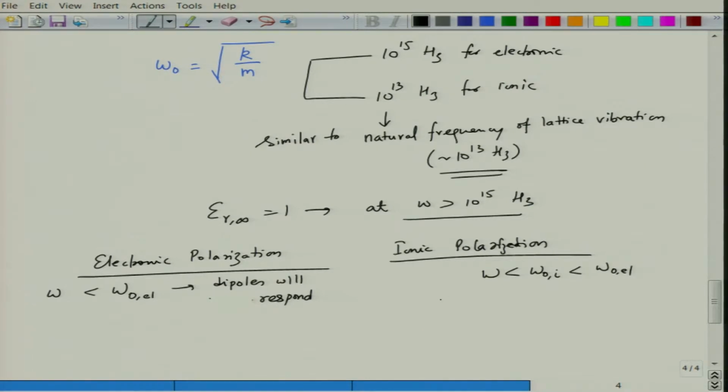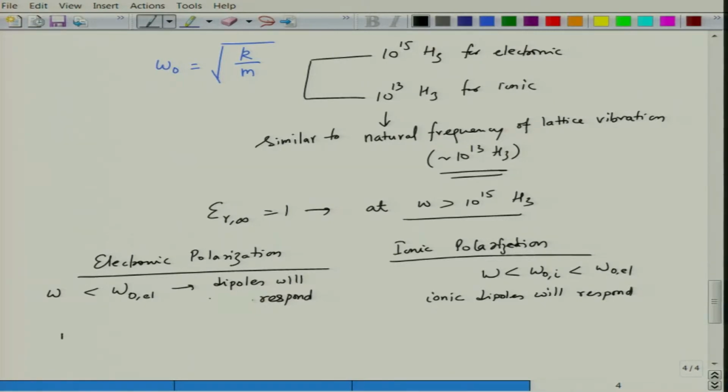Okay. And what this means is that your ionic dipoles will respond, and correspondingly at the resonance frequency we will see a maximum in epsilon r double prime.